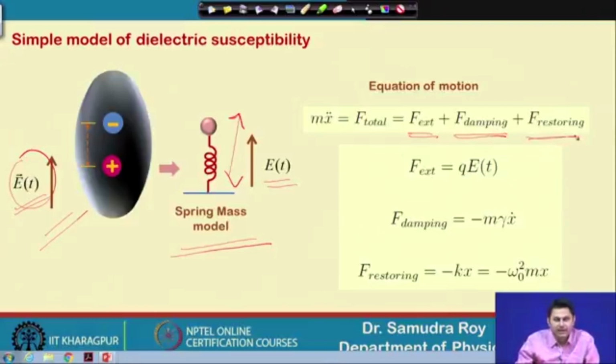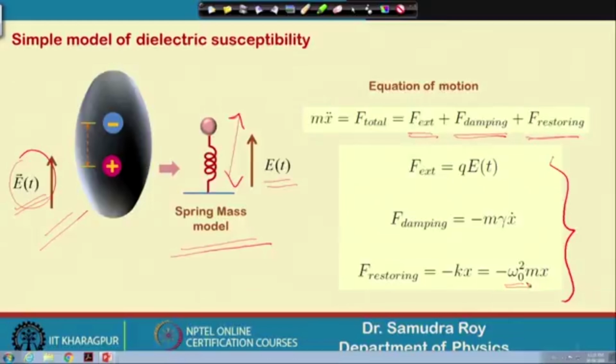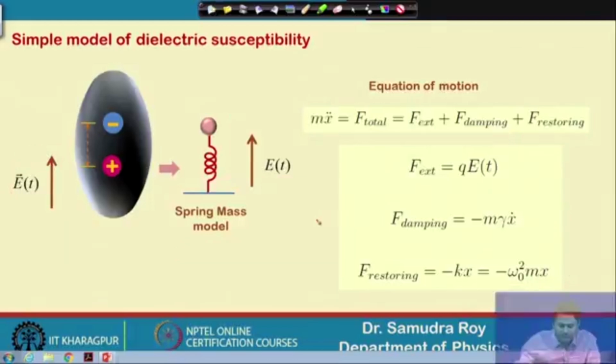The spring should have some kind of restoring force. These three forces are in terms of the electric field, the damping coefficient, and the characteristic frequency omega 0 of the spring. After having the forces, it is possible to form the equation of motion.